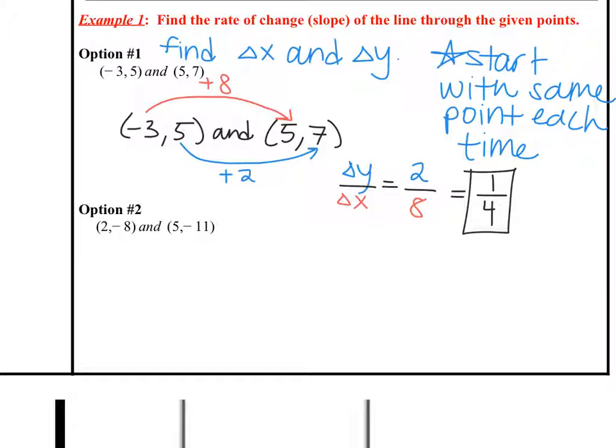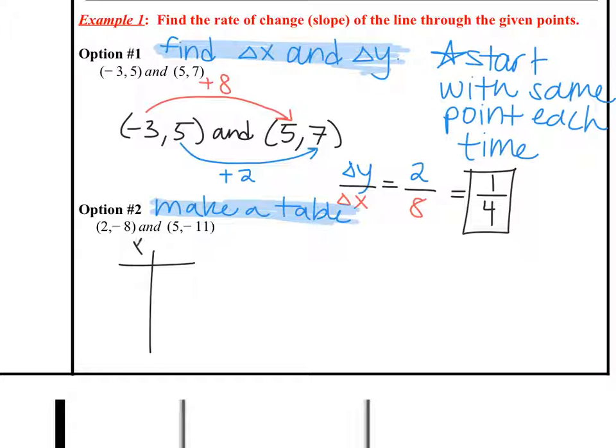You can make a table. So the first option is to just find your changes from the points. Your second option is to make a table. If you like this way better, then sweet, do it. Your 2 points are x, comma, y.